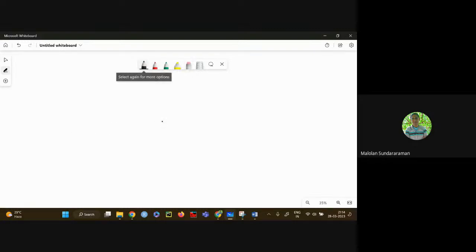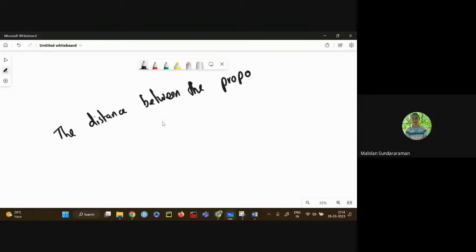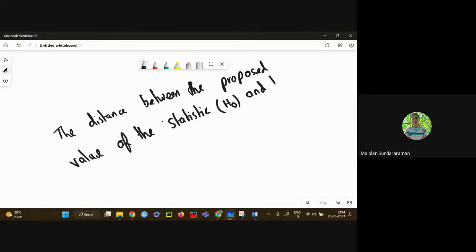It is basically computing the distance between the proposed value of the statistic, basically H naught, whatever you are using, and the actual sample statistic that is got. This is what any hypothesis testing is basically doing.